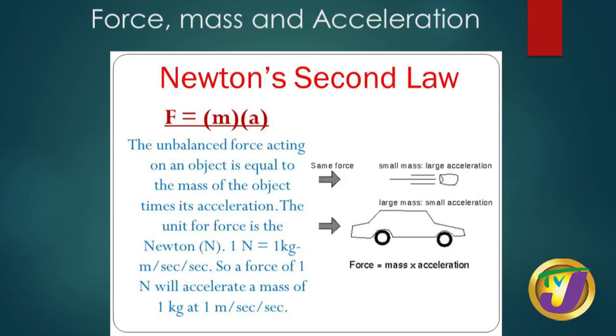Newton's second law: the unbalanced force acting on an object is equal to the mass of the object times its acceleration. All right? So the unit of force is the Newton, as we said before, N. And remember the units that we spoke of earlier on, kilogram meters per second squared, is shown here.